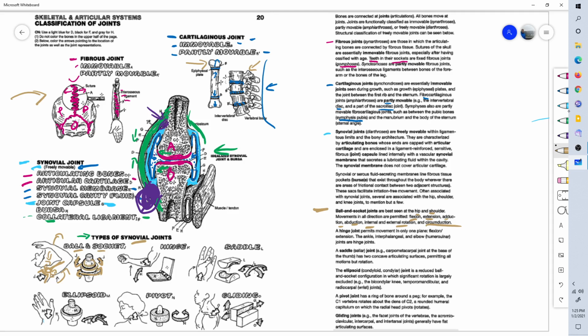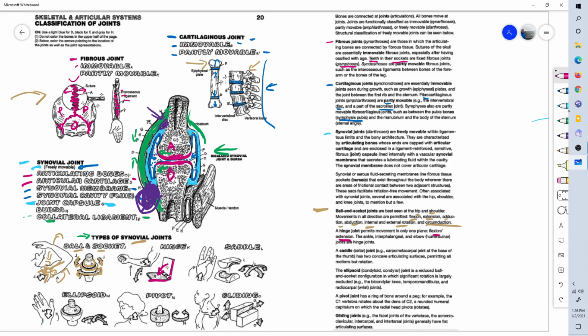The next type of joint is the simple hinge joint, for example, in the elbow. The elbow is similar to this door hinge right here, in that the humero-ulnar joint can essentially only move in one plane, flexion and extension.